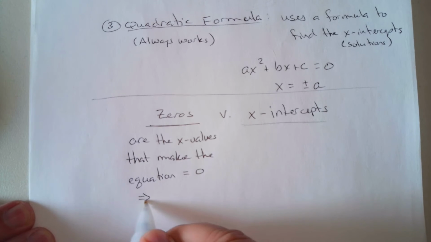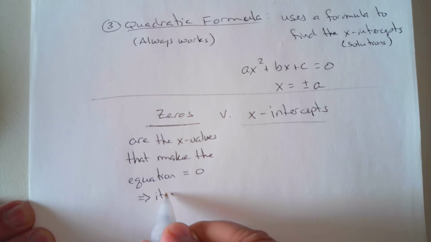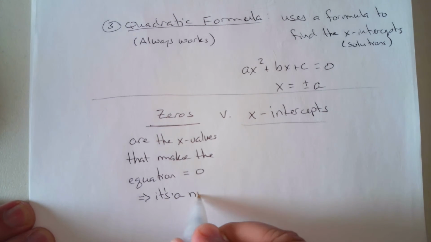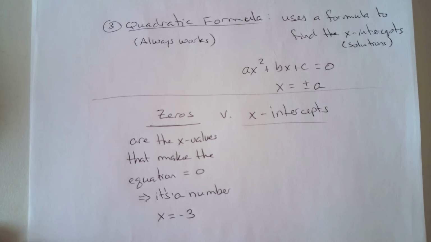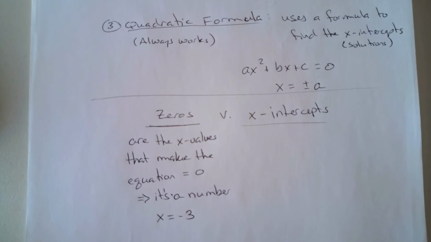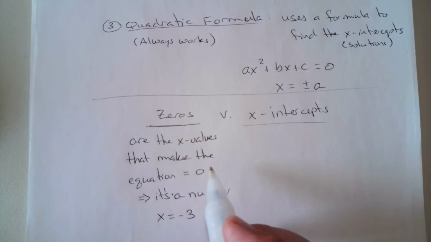In other words, it's a number. For example, x equals -3. That is a 0. So if I plug this number back in the equation, it becomes 0.